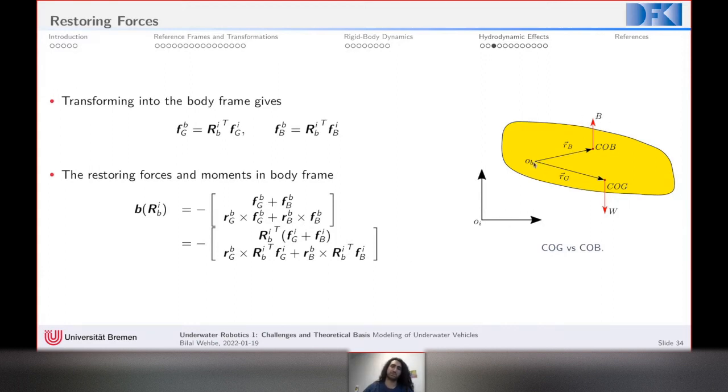So that's basically what moment this vector here is exerting with respect to that point, and the same thing for that vector. This is, as I said, what we represent as the term B, which is always a function of the rotation matrix or the quaternion or the Euler angles, whatever representation you want to use for describing rotation.